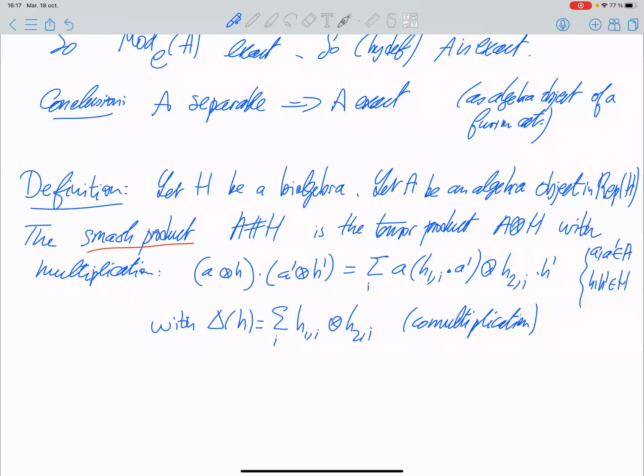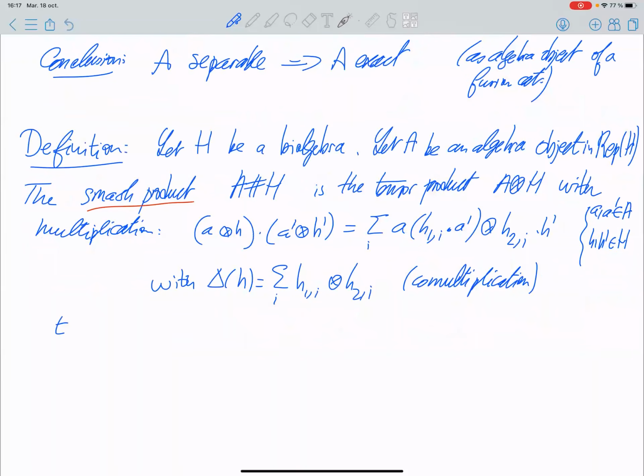So you have this smash product, and the exercise here is first to show that this smash product generalizes the semi-direct product of group theory.